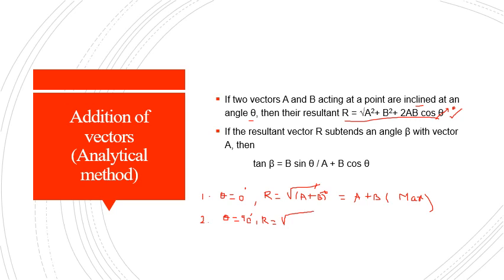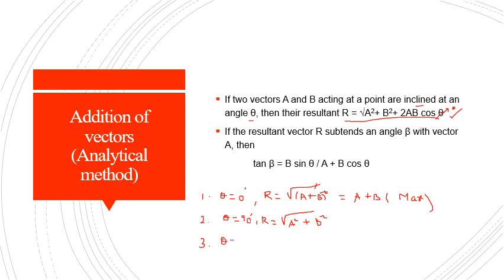So the remaining terms I'll write here: square root of A squared plus B squared. So if theta equals 90 degree, the resultant will be square root of A squared plus B squared.